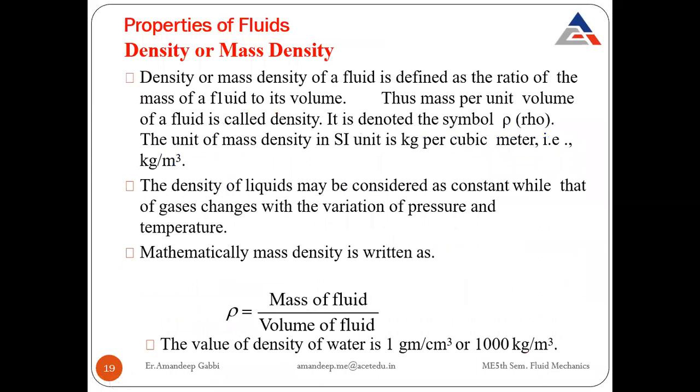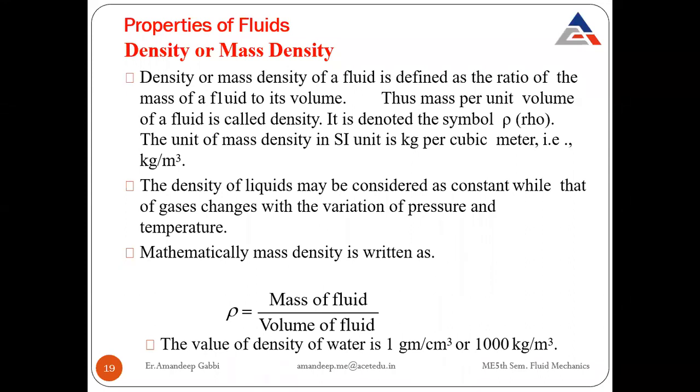The first property of the system that we are going to study is density, or mass density. Generally, we know that density is mass per unit volume. So the mass density of a fluid is defined as the ratio of the mass of the fluid to its volume.